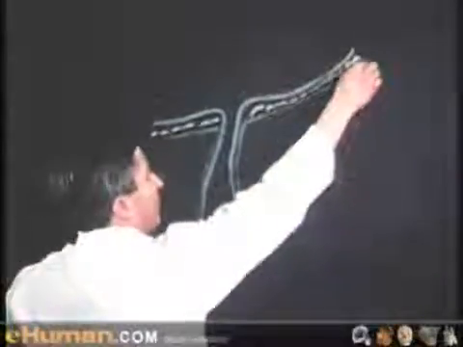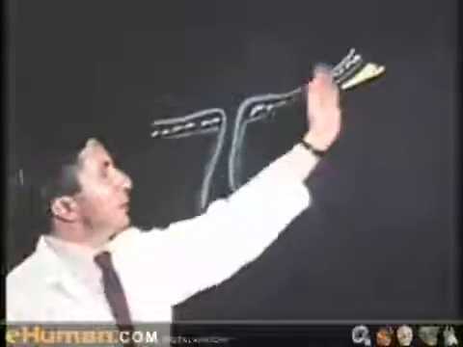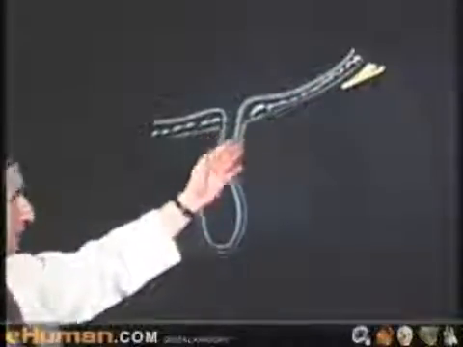Now out here we have the transversus abdominis muscle. This muscle arises from the lateral third or less of the inguinal ligament, so it doesn't really come into this region.